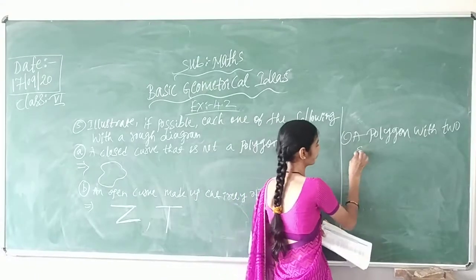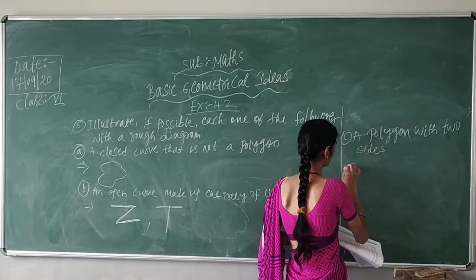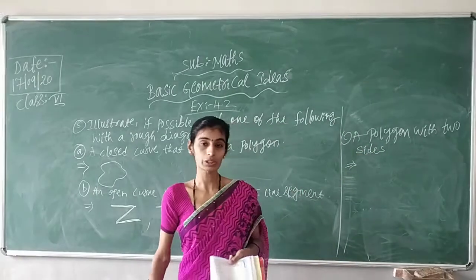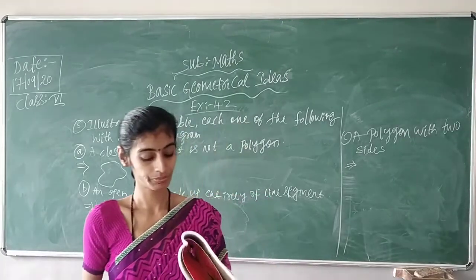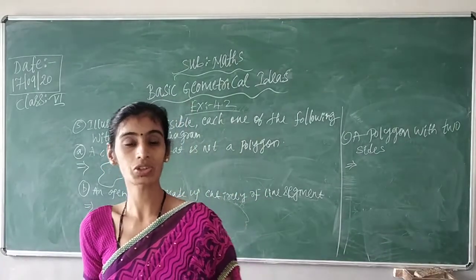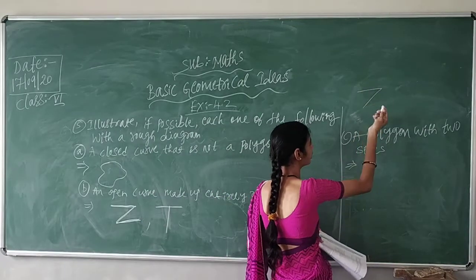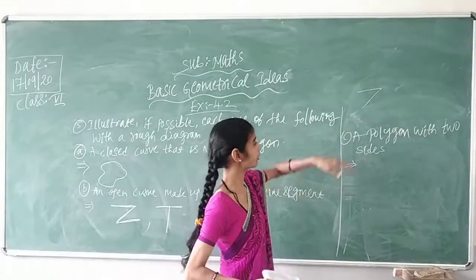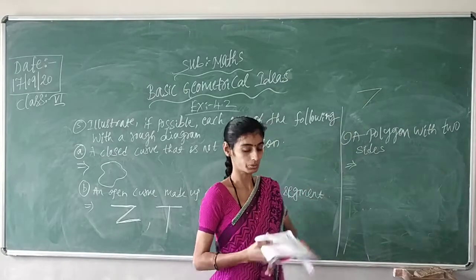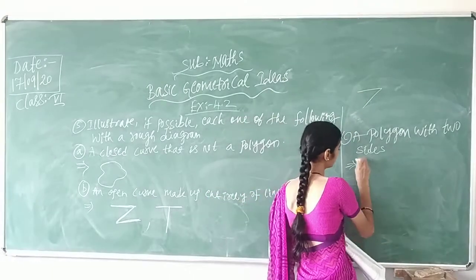Can you draw a polygon with two sides, children? No, you cannot draw a polygon with two sides. So this is one line, this is one line. Do we call it a polygon? No.